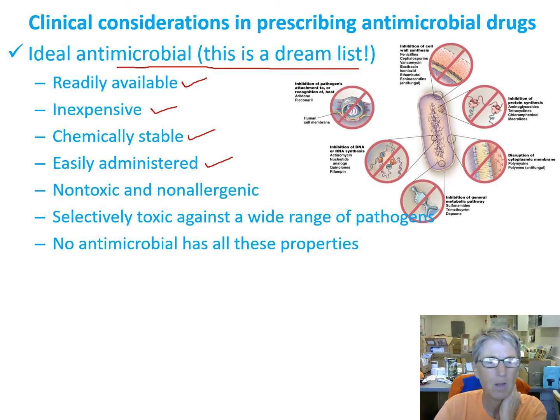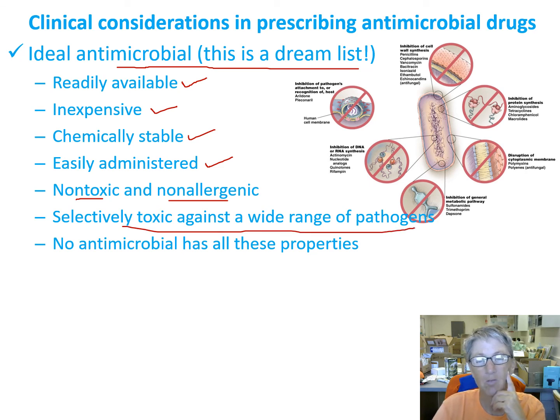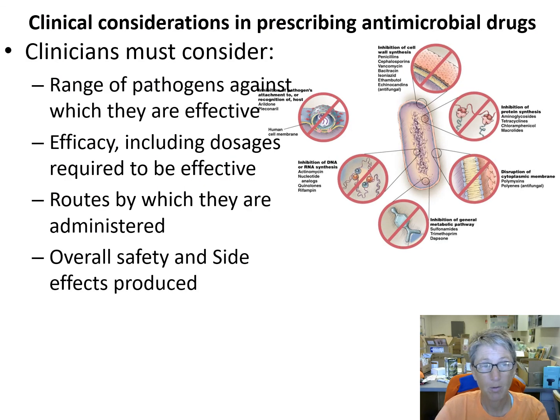It's easy to administer, so maybe just a pill. It's non-toxic to humans. It's non-allergenic, so you don't form an allergy to it. It's selectively toxic against a wide range of pathogens, so you could use this drug to kill your pathogen of interest. But unfortunately, no antimicrobial has all these properties.